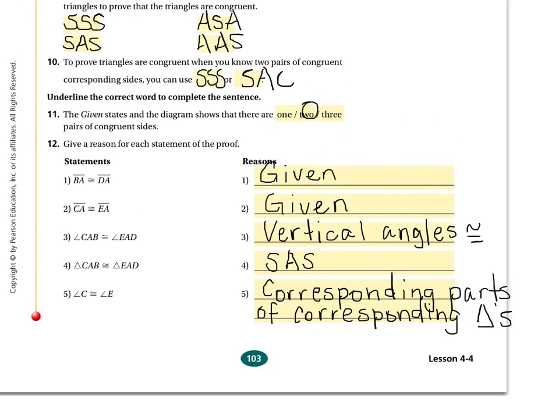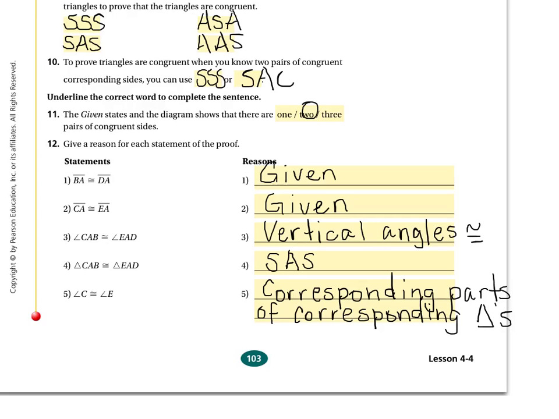Now the given statement tells us that there are 2 pairs of congruent sides. So on number 12, you can see where I came up with the given statement on the 2 pairs of congruent sides.